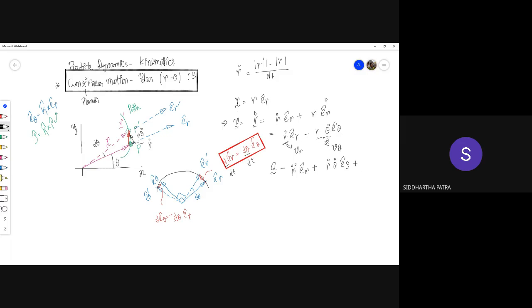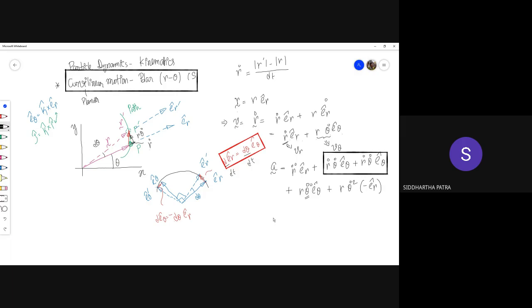Then in the second term we have r dot theta dot e theta. So this term appears twice. And then you have r theta double dot e theta, which is the linear version of the angular acceleration, the linear acceleration due to the angular acceleration. And in the end you have r theta dot squared times minus er.